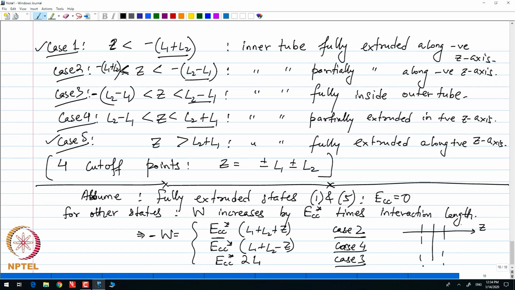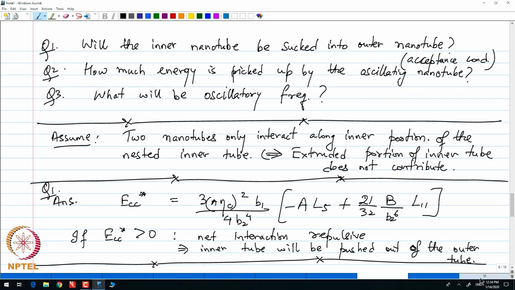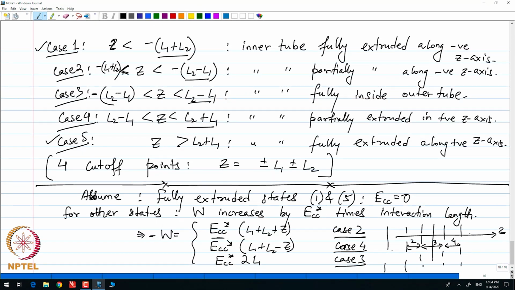I have 3 and 4, stage number 3, stage number 4 and stage number 2 and stage number 1 and stage number 5. Okay. So, I have divided into 5 different stages.